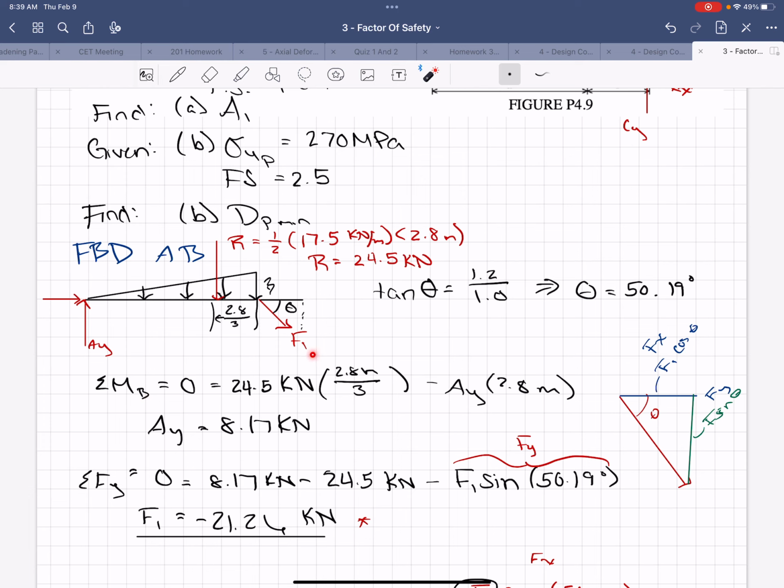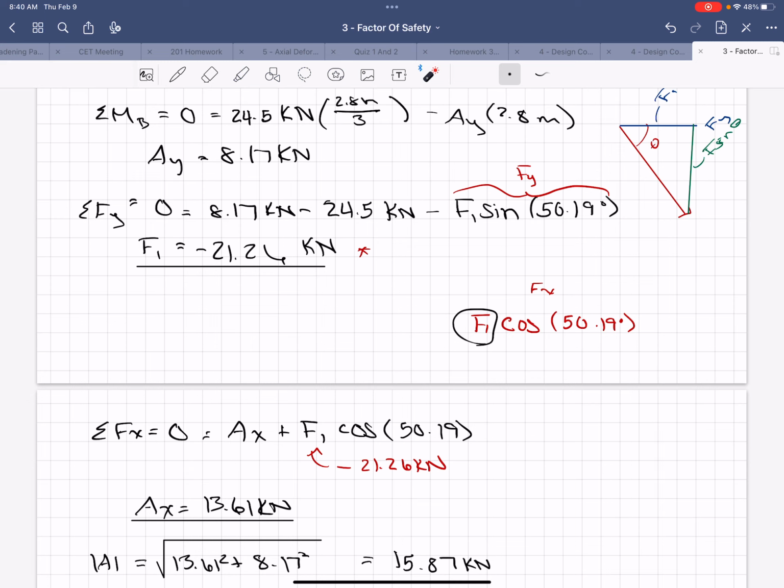Sum of the forces in the Y, we have the Y component here of F1. That gave us the magnitude of F1. Then we took that magnitude, multiplied it by the cosine of theta. That gave us how much of F1 is going in the x direction. And then we had the force AX.